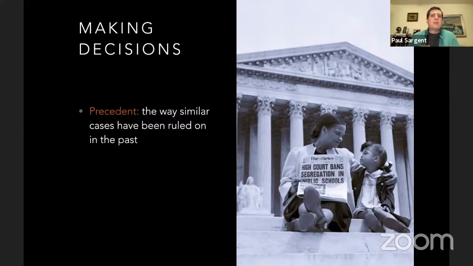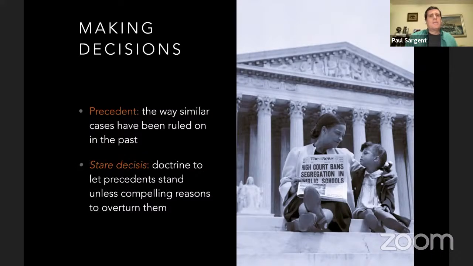So if, for example, you have a case like the one here, Brown versus Board of Education, which had to do with school segregation, once the Supreme Court passed down that ruling that separate is not equal, then it was given to the lower courts to take care of many other cases which also dealt with school segregation that didn't need to come all the way up to the Supreme Court. So precedent is a really important idea in the way the courts work.